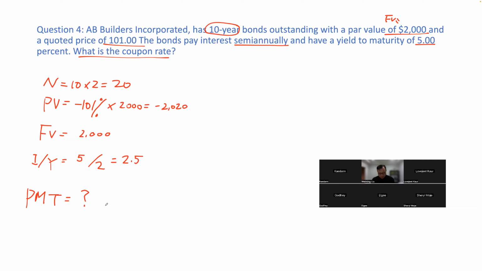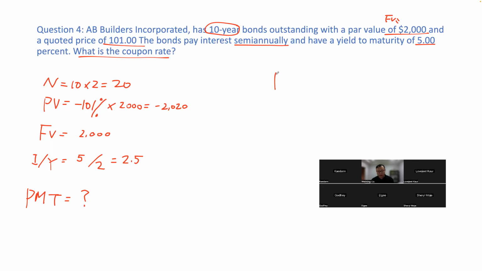So let's do it together. 20 to N, negative 2020 to present value, 2000 to future value, 2.5 to I/Y, and I'm going to compute the payment.